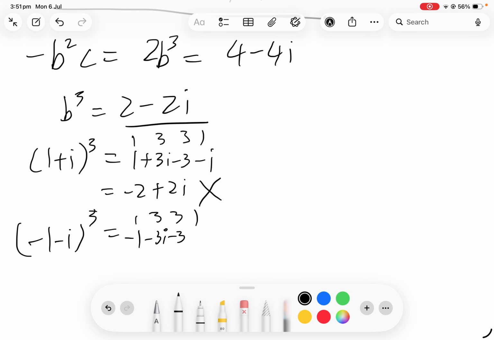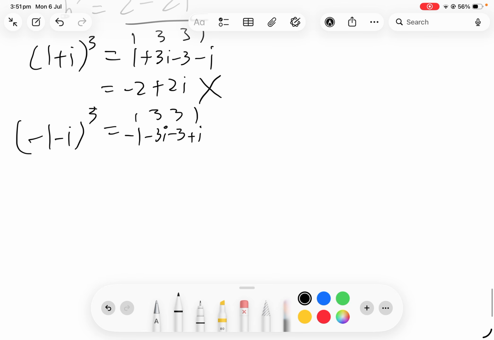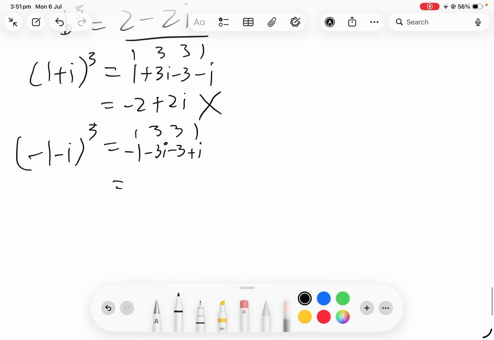And when there are 3 negative i's, it should be negative i, but with the negative there, it becomes plus i. That becomes negative 4. That is not right. We did something wrong.